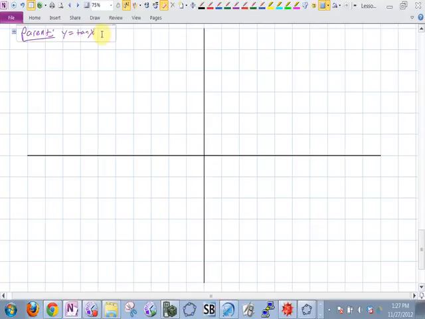Okay. So first of all, I'm going to label the x-axis by pi fourths.